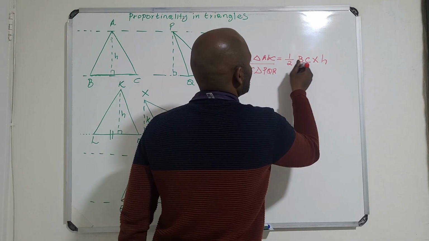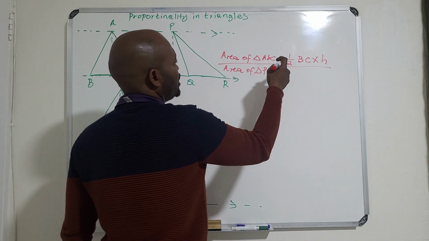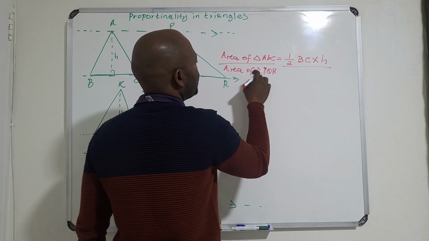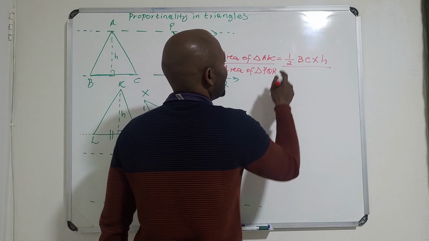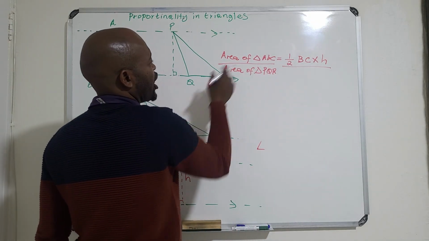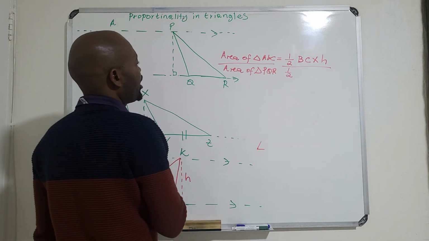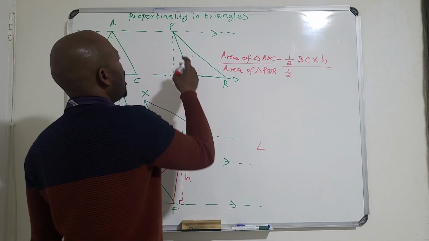The area of triangle ABC over the area of triangle PQR is equal to half base times height, which is the area of triangle ABC, over half the area of triangle PQR.